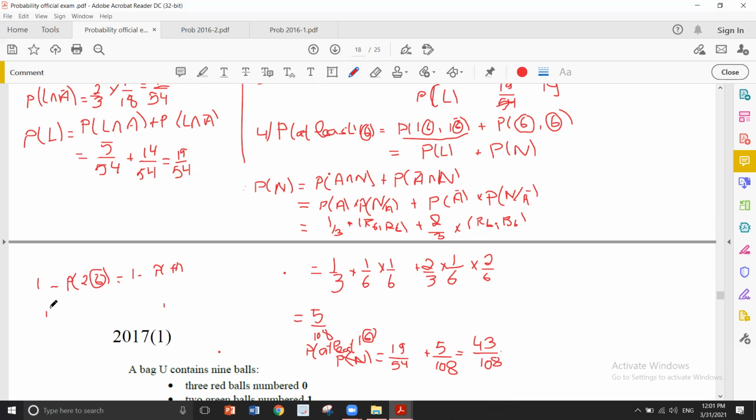Here you say the probability of H equals the probability of H intersection A plus the probability of A bar intersection H. And you determine it the same way as we calculated N. But here, instead of two 6s, I don't have any 6.